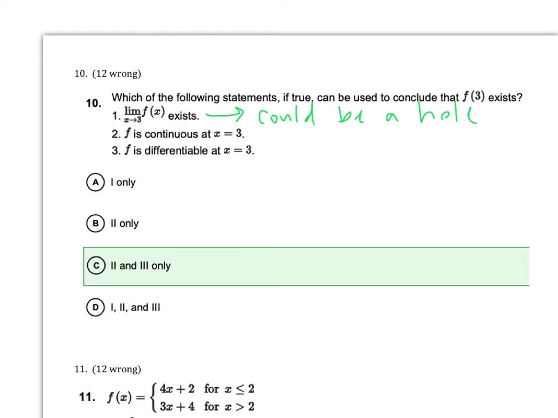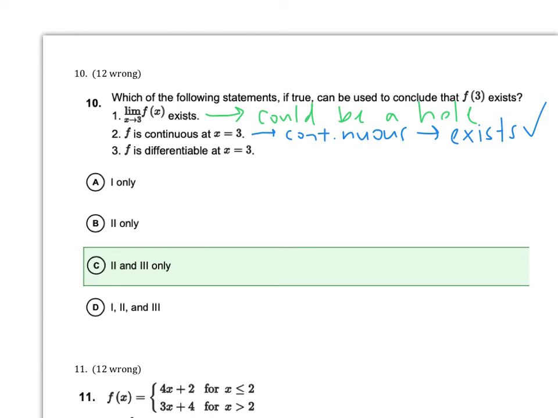F is continuous at x equals 3. Well, if continuous, continuous implies that it exists, so that one works. F is differentiable at x equals 3.